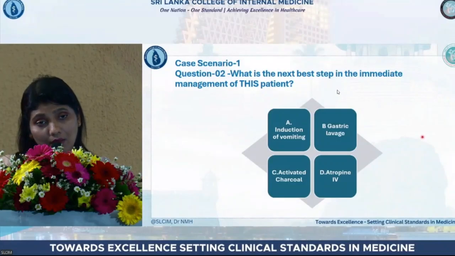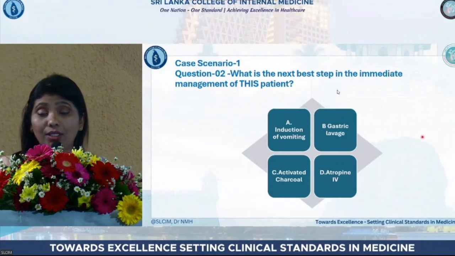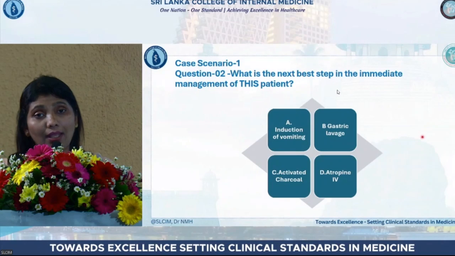It's a contraindication, and it's not synonymous with gastric lavage. So what you have to do is, if the patient has a GCS of less than 10, you have to intubate the patient first and protect the airway, and then do the lavage. Otherwise, you will be doing more harm to the patient. The patient will get aspirated, and that will give rise to dire complications.